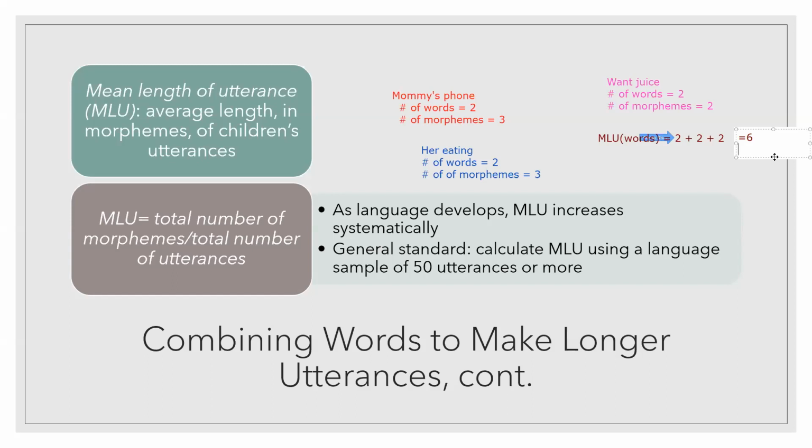And then we want to divide that by the total number of utterances. So there are 1, 2, 3 utterances.